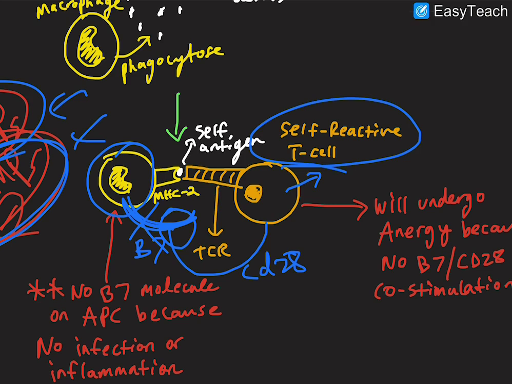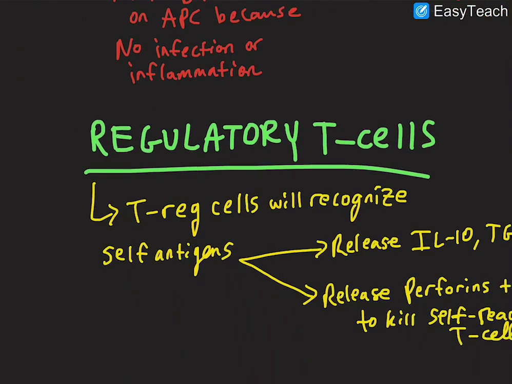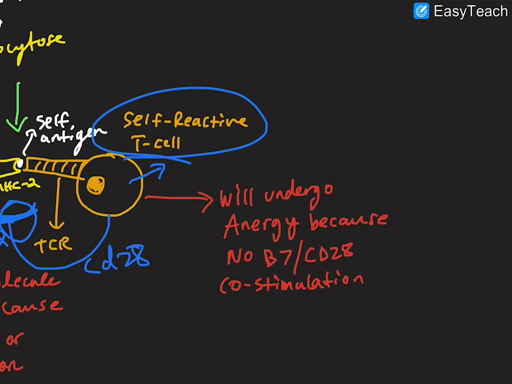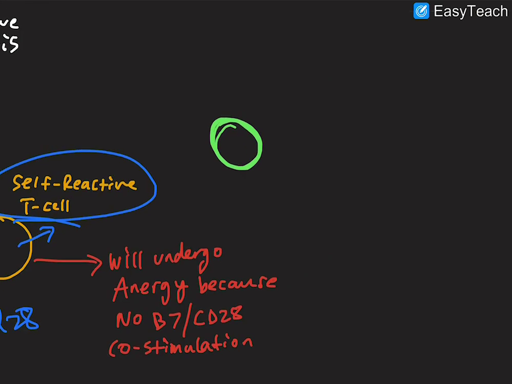Apoptosis will occur through the Fas and Fas ligand pathway. So let's actually write that down right here. If repeated interactions happen, other T cells nearby also have Fas.